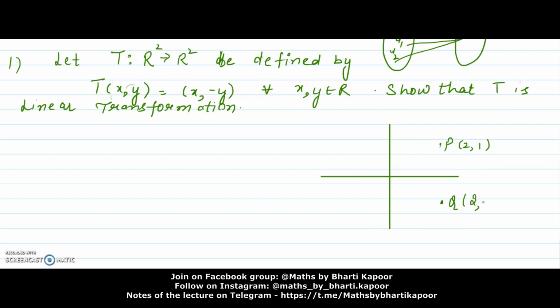Because the x coordinate is positive and the y coordinate is negative, it will be on the negative side of the y-axis. So this point Q, which is the image of (2, 1), is actually the reflection of this point in the x-axis. So the image of every element of R square is actually its reflection in the x-axis. This is how T has been defined.